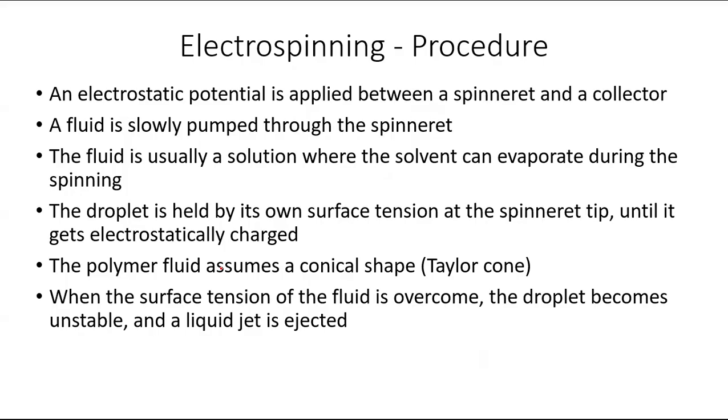Okay, and you need the electrostatic force and the syringe pump system. Using the syringe pump system, a fluid is slowly pumped through the spinneret or needle tip. This fluid is usually a solution where the solvent can evaporate during spinning, like in dry spinning in our normal spinning method.